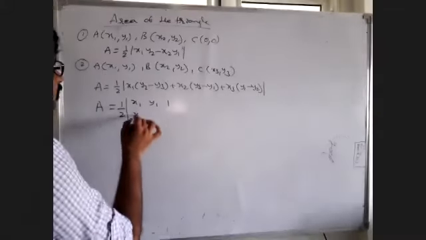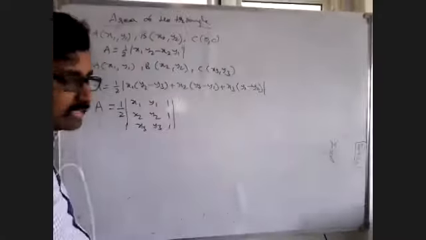We also have it in terms of a determinant: half mod of the determinant with rows x1 y1 1, x2 y2 1, x3 y3 1. This is also a formula to find area. By expanding this, you will get x1 (y2 minus y3) and so on.